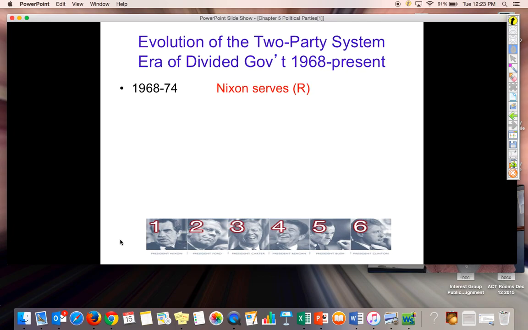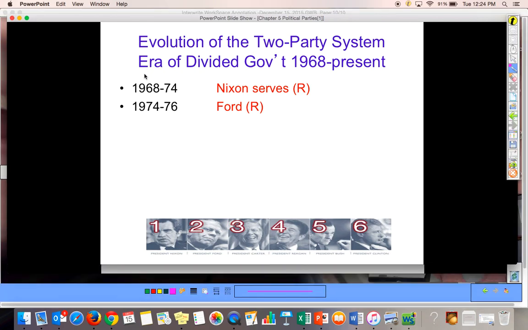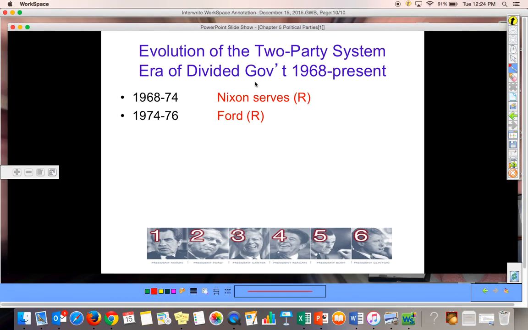So from 1968 to the present, this is one of our last eras of divided government. You can see that it is going to be an era of divided government. Remember when we talk about divided government, that it goes between Republicans and Democrats quite a bit.